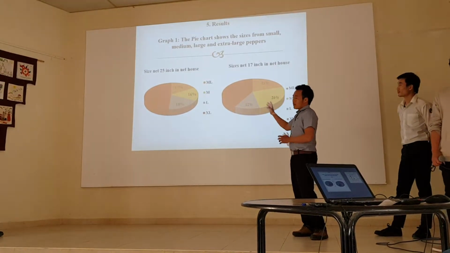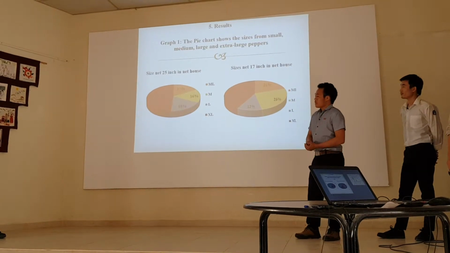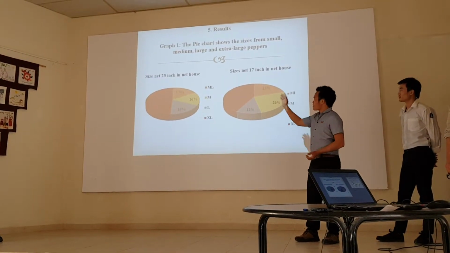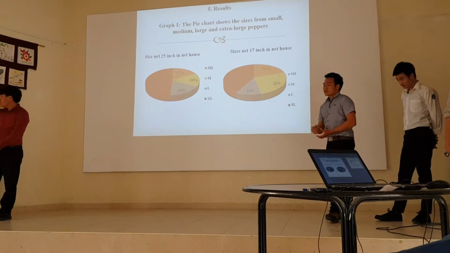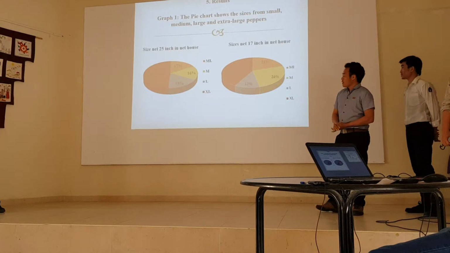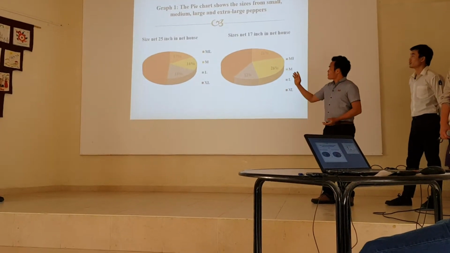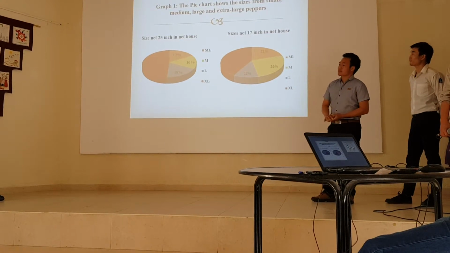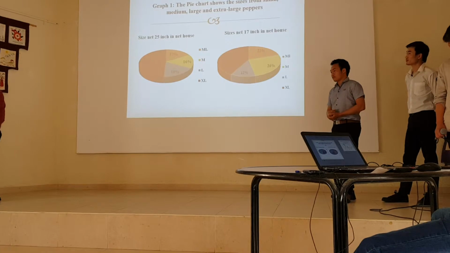When we compare each neck, we found that for size XL, neck 25 inch has 49% and neck 70 inch has 41%. For size small and size M, neck 25 inch has 16% and neck 70 inch has 26%.